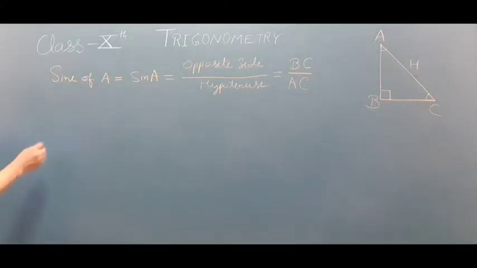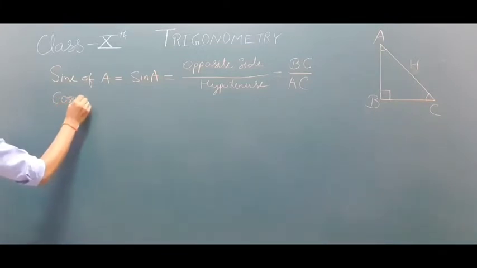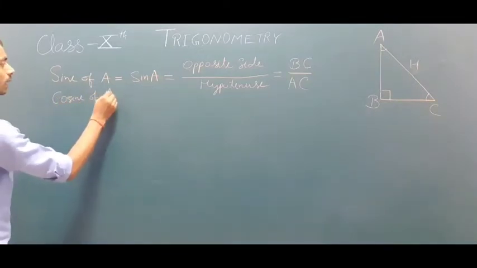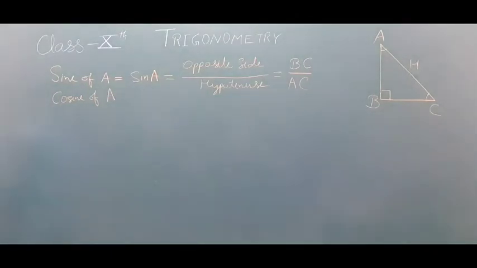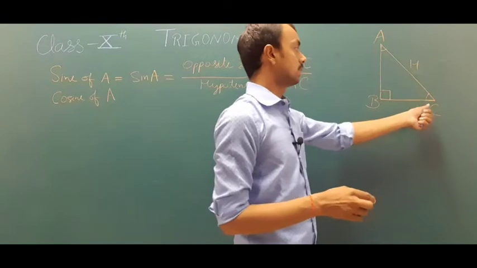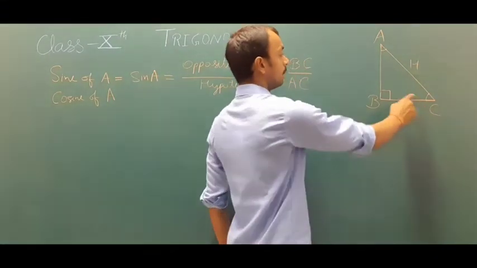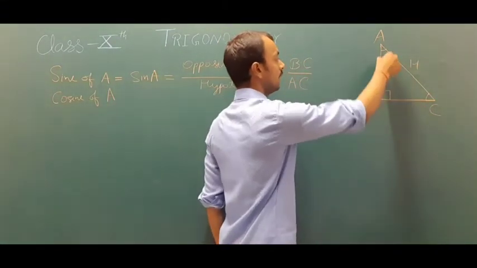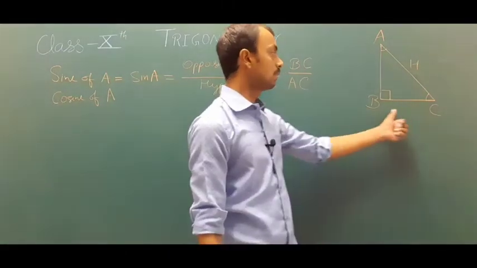Now come to the second ratio, that is cosine of A. We are taking angle A now. Similarly, if you are taking angle C, then the opposite side will be AB and the adjacent side will be BC.